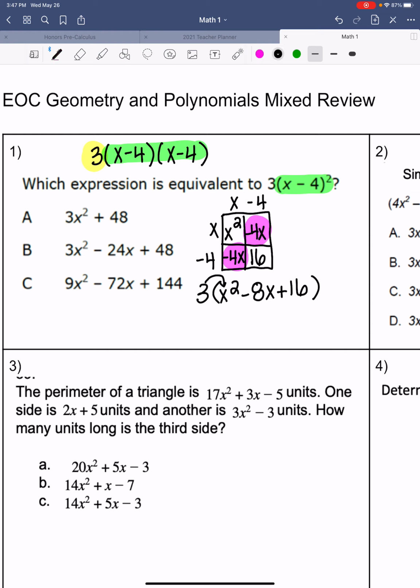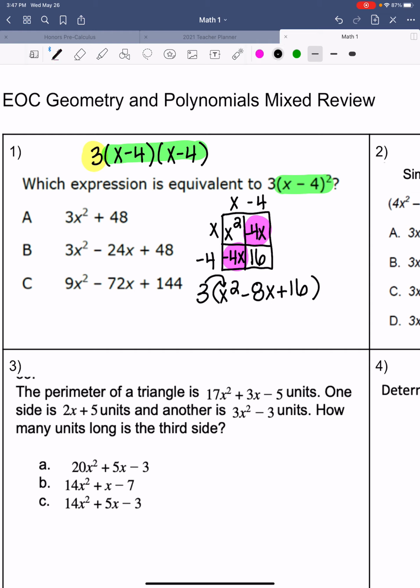Now what we're going to do is take the perimeter and subtract the 2 sides. Remember my initial perimeter was 17x squared plus 3x minus 5. And we're going to subtract the 2 sides, which is 3x squared plus 2x plus 2.